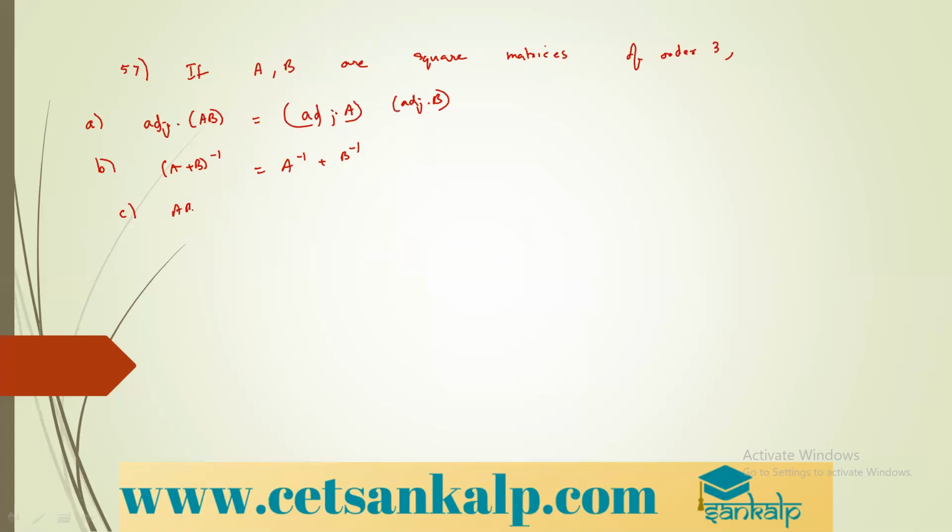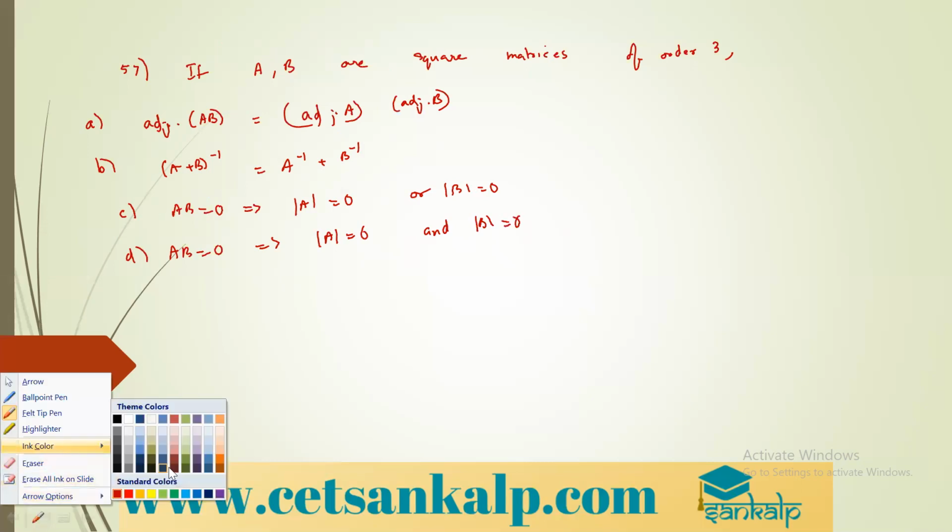Option C is AB equal to 0 implies determinant of A is 0 or determinant of B is 0. Option D is saying if AB equal to 0, it implies determinant of A equal to 0 and determinant of B equal to 0.